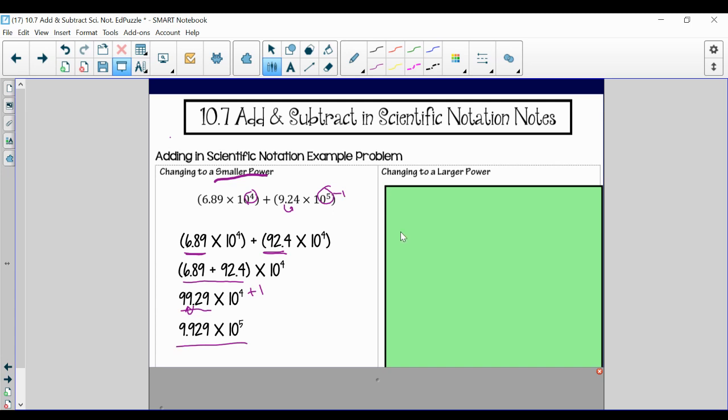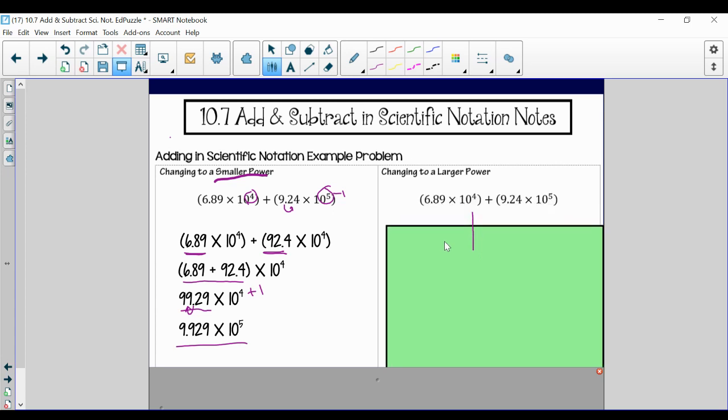Okay, so here is an example of changing it to a larger power. In this one, we went down a power to 4, and now we're going to go up to 5. So what we need to do is change this number to go up a power. So instead of 4, this is now going to be 5.